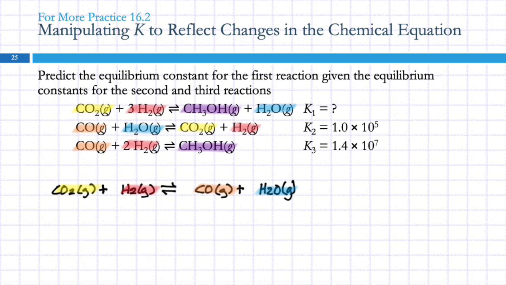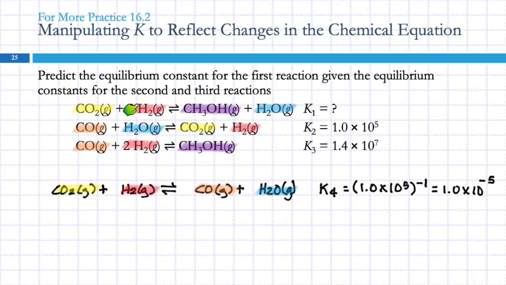So K for this new reaction, maybe we'll call this 4, is the inverse. So that is going to be 1.0 times 10 to the 5 to the negative 1 power, or 1 divided by 1 times 10 to the 5. It might be less confusing to just write out what that is. That's going to be 1.0 times 10 to the negative 5. Okay, so we got this guy taken care of.